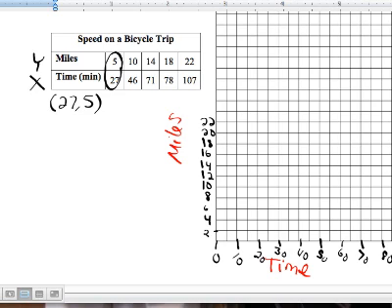So I'm going to come over to my graph and I'm going to put the point 27, 5 on my graph. So I want you to go through that and do that next. Get all your points on the graph. We got 27 and 5. That right there. Got 46, 10 is there. 14.